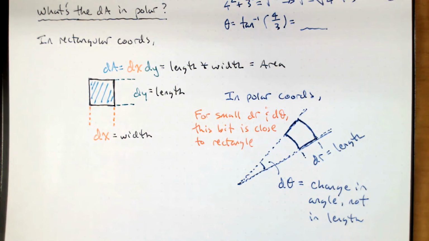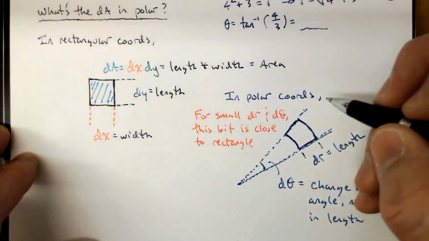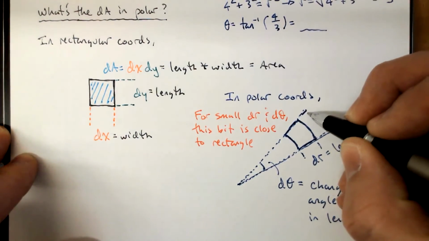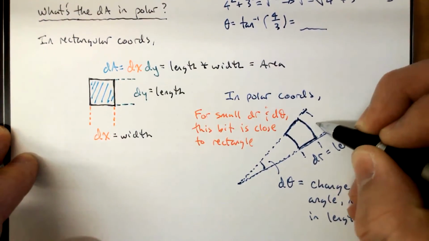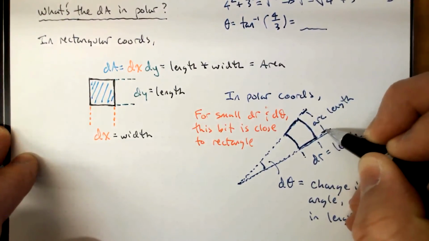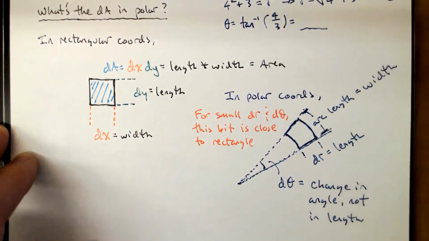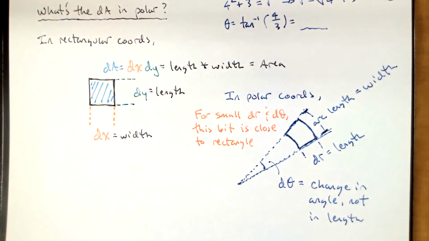So what we're going to do is use the dr as the length, and we're going to take the width as the arc length. We're going to try to find this distance. We're going to treat the arc length as the width. dr is the length, and then the arc length is going to be the width.